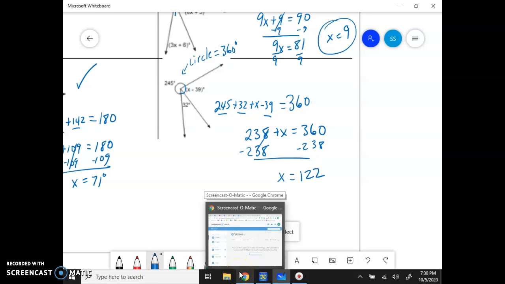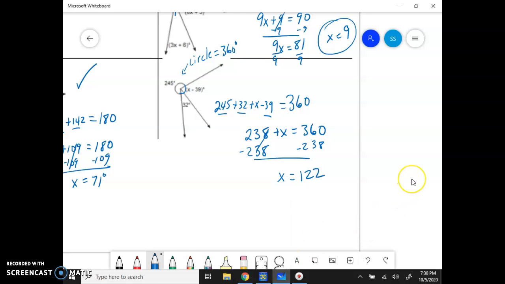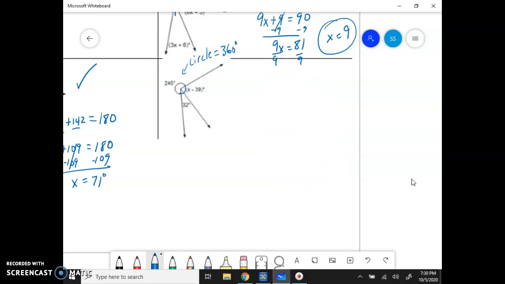Okay, because I think I have a little bit of time here, I'm going to go ahead and show you a different way to solve this. Maybe you prefer this method over the other. So I'm going to erase this. Again, we know that this whole circle is 360 degrees, right?